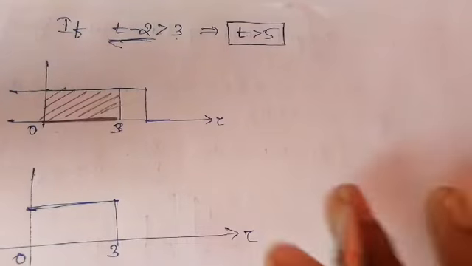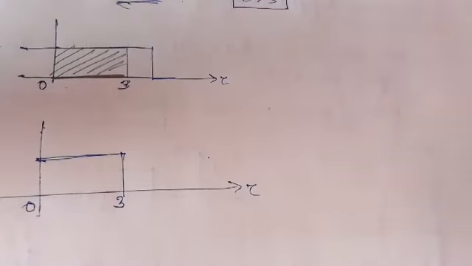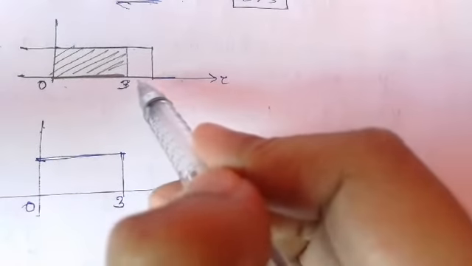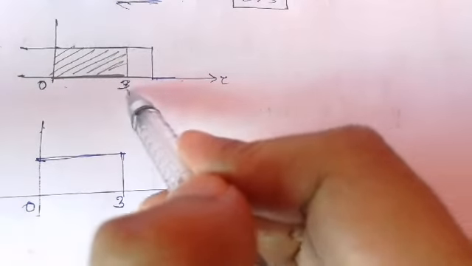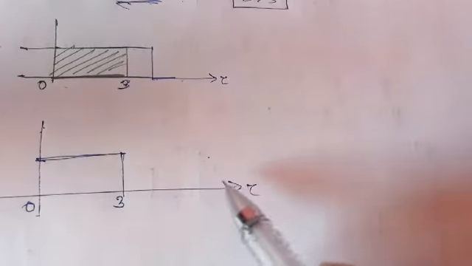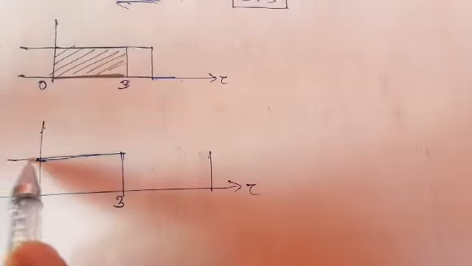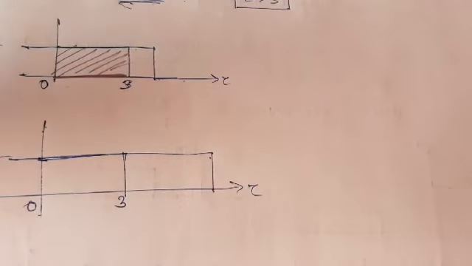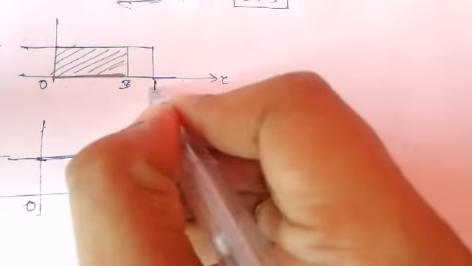Another case, same case, for t minus 2 greater than 3. Another illustration, if I take somewhere else, anywhere after 3. This indicates that t minus 2 is greater than 3, meaning you can take anywhere after 3. Near to 3, or very far, anywhere after 3 you can take. Let us see what happens. Now see for this illustration, here I represented t minus 2.